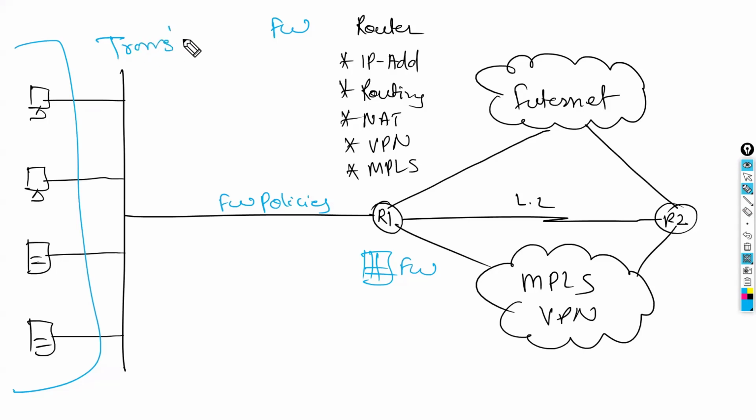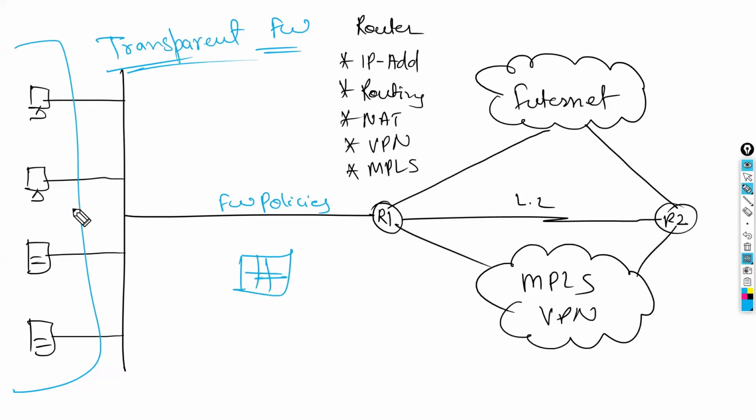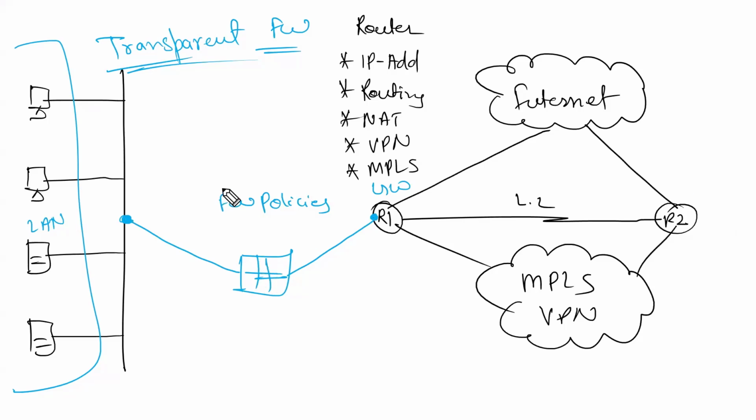The solution is the transparent firewall. A transparent firewall is inserted between your local area network and your gateway. You will connect your LAN with the firewall, and the firewall will be connected with the gateway. Then you break the connectivity between LAN and gateway. Now traffic will pass through the firewall, and at this firewall you deploy all firewall policies.